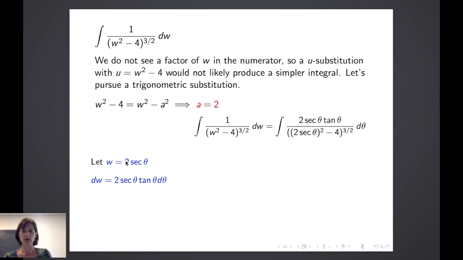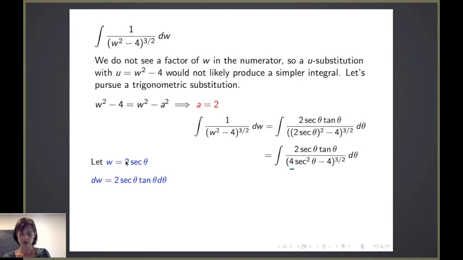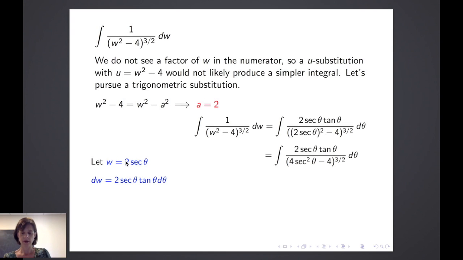It gets squared. You subtract 4, and then that quantity is raised to the 3/2 power. So we have the integral of 2 secant theta tangent theta all over 4 secant squared theta minus 4 to the 3/2 power. I've got a factor of 4 in each term inside parentheses in the denominator. I can factor that out.